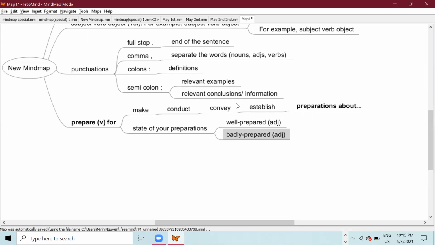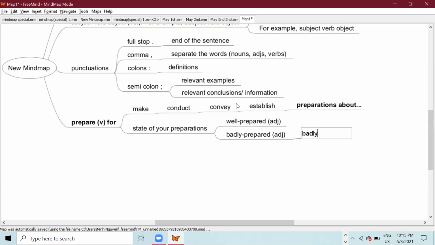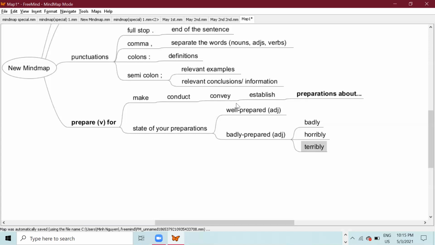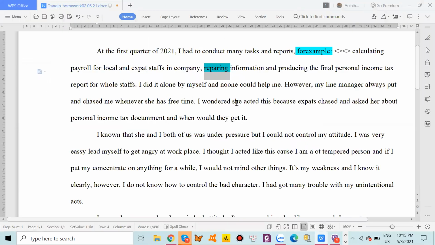And if you remember the adjective badly, please try to change it into horribly, or terribly. So terribly prepared, horribly prepared, badly prepared, the state of your preparations, well prepared, for example. So right here, please fix after this class.